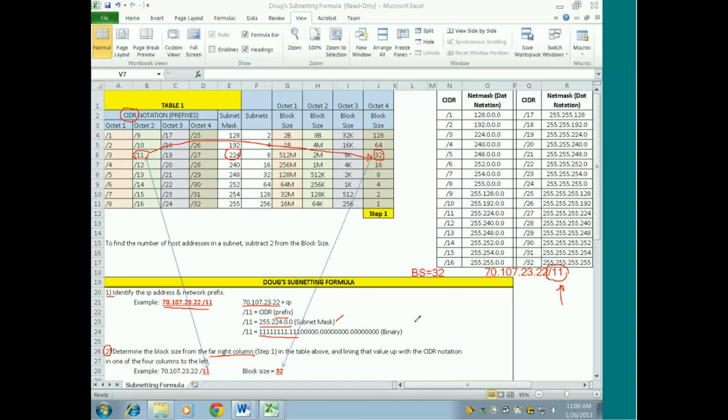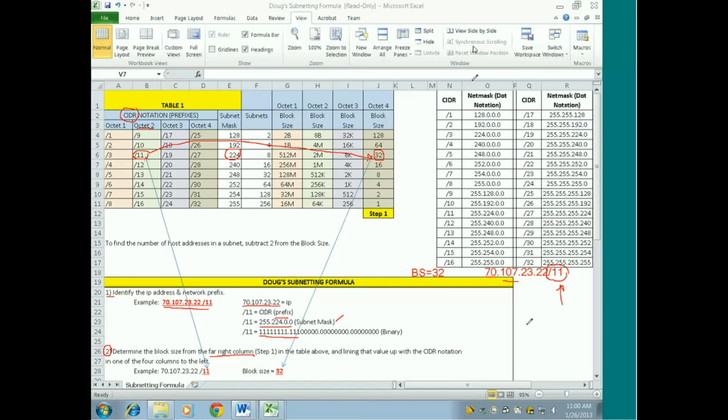Step 3. Determine which octet you're working in. Which octet are we working in? We know that because of this right here, okay? Remember how we put octet 1, 2, 3, and 4? /11, the binary that we're working in is in the second octet, okay? So we underline that number.